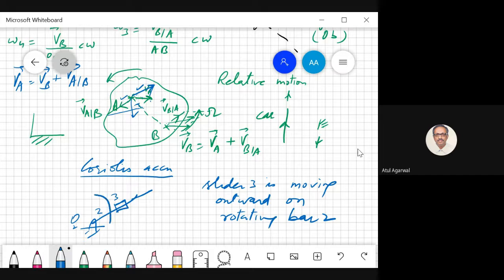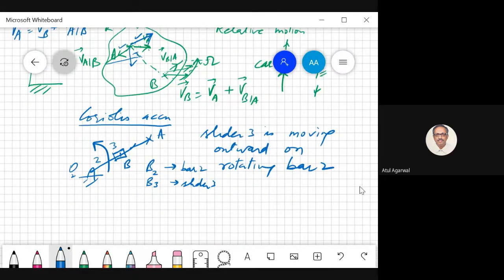This bar 2 is rotating. This is your point A, and this is point B. So B has 2 points. One is B on the bar 2, you call it B2. Then point B on slider 3. You call it B3. So this is on bar 2. This is on slider 3. So they are sharing the same position in the space, but they are on different bodies.